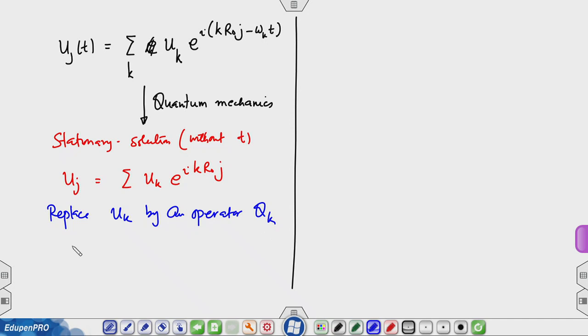So, I define u j equals summation q k e raised to i k r naught j, and sum is over k, and q k is an operator.